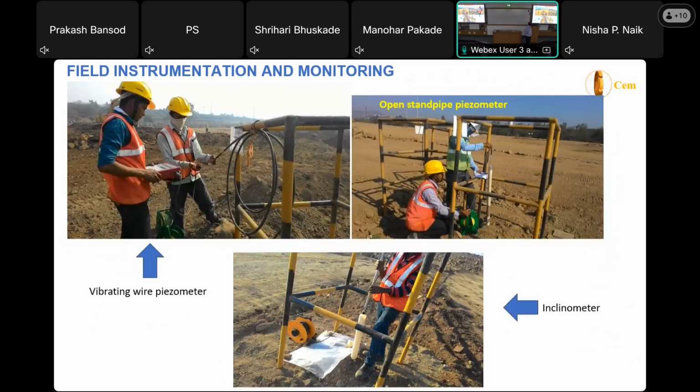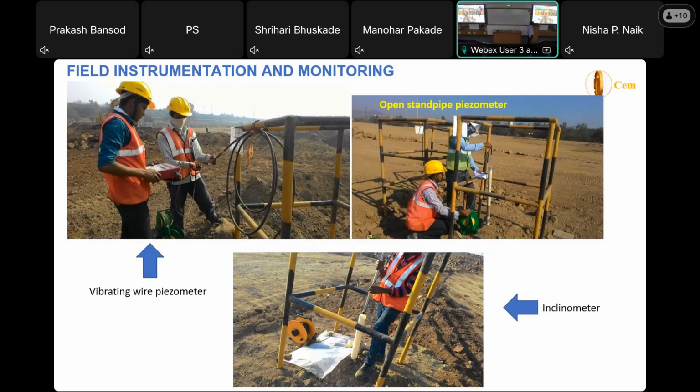This is field instrumentation with vibrating wire piezometers. Vibrating wire piezometers are installed with this wire. Once it is connected with this data logger, you can see what is the excess pore pressure, what is the total pore pressure, and temperature at that location. These both serve the same purpose. The standpipe piezometer goes into the water and shows the water head.